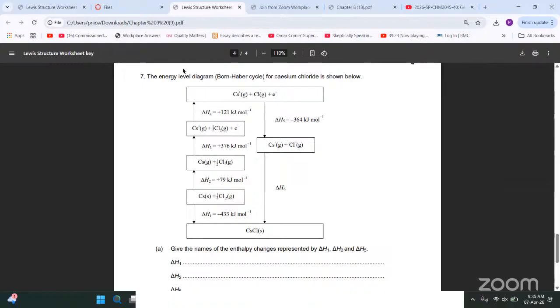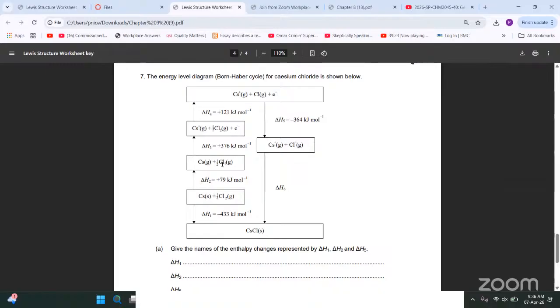Now, this question gives you the Born-Haber cycle for cesium chloride. So this is cesium here in the solid state and chlorine. If you go from cesium and chlorine to cesium chloride directly, this is the amount of enthalpy change taking place. The first step, represented by H2, going from cesium solid to cesium gas, would be sublimation.